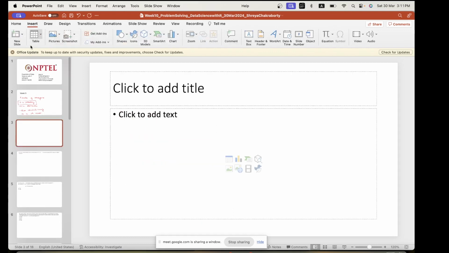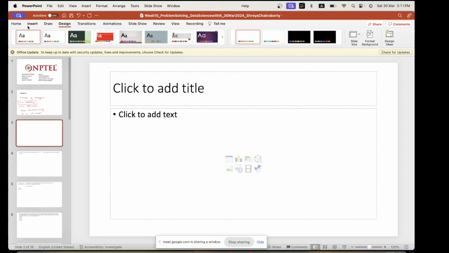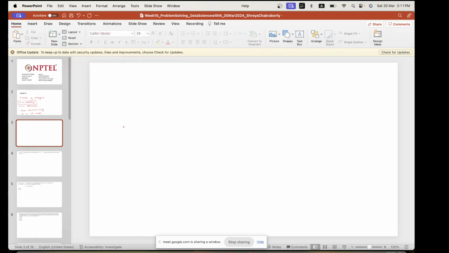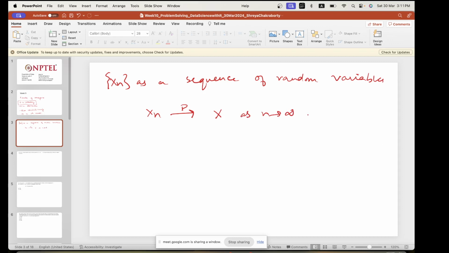And what do we mean by that? If we have Xn as a sequence of random variables, then we can say Xn converges in probability to some random variable X as n tends to infinity if we can write probability of modulus of Xn minus X greater than epsilon, this quantity tends to 0 as n tends to infinity for all epsilon greater than 0.